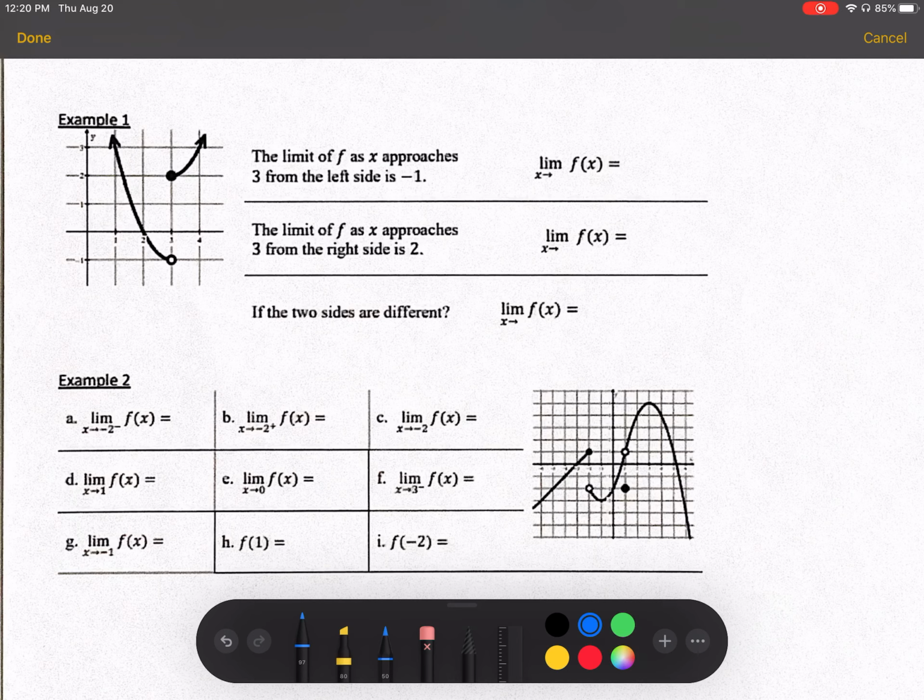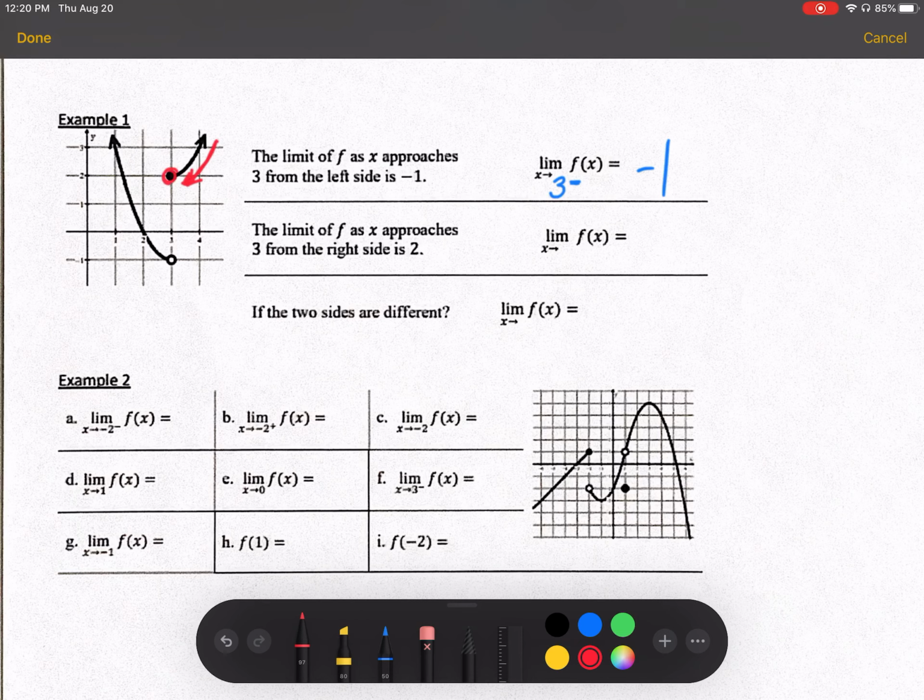So this notation: if I'm going to write the limit as x approaches 3 from the left side, I add a little negative after the 3, and that tells me I want that limit from the left side alone. That ends up being negative 1. Then when we take our limit from the right side, this is approaching a different number.